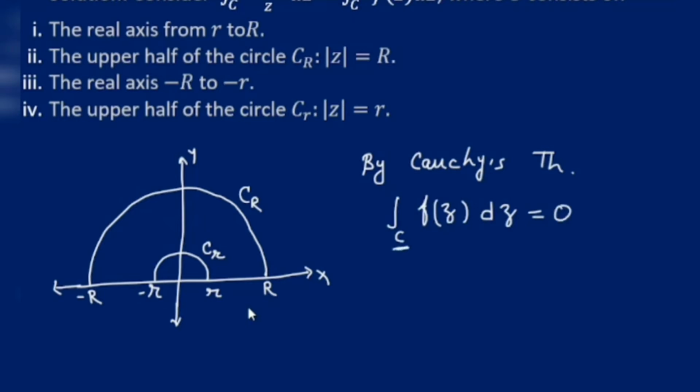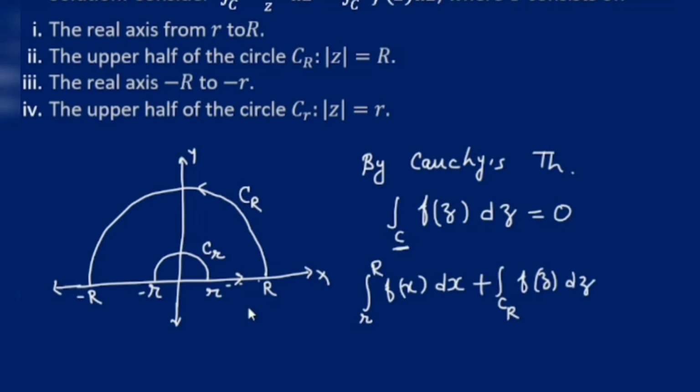Now this contour C can be split as the integral from small r to capital R, that means this portion. Here f is a function of x only along the real axis, so f(x) dx, plus the integral along this semicircle C_R, so the integral along C_R of f(z) dz.